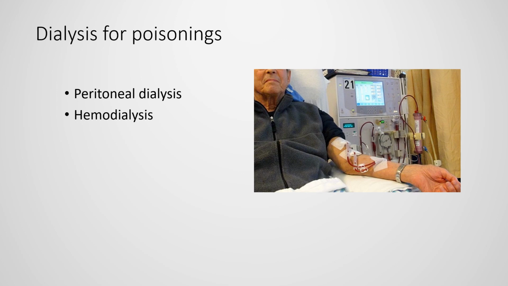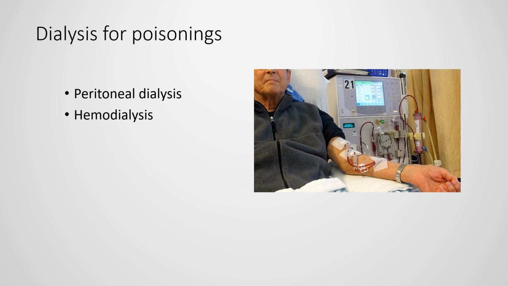Hemodialysis is what you see in the photo here, where someone is on a machine and the blood is being cleansed and filtered through the machine and then put back into the body because their kidneys are non-functional. This can also be used for poisonings. We can try to take out certain poisons or drugs that are creating the problem with a dialysis machine.